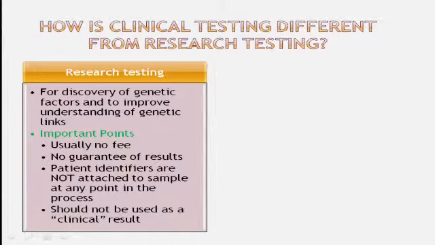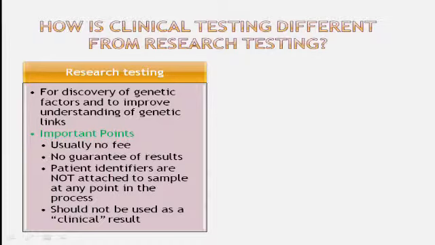So when we talk about genetic testing, and because I'm involved in a lot of research, it's important to distinguish the difference between clinical and research testing. We do research genetic testing because we want to discover something. We want to learn more about the genetic conditions. We don't charge anything because we have, hopefully, grants to pay for the work that we do, or donations.